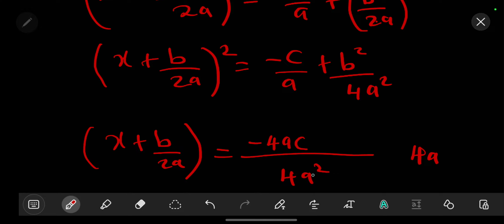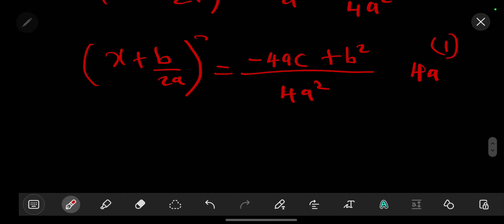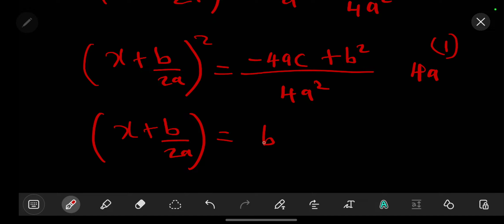Then we have 4a squared divided by 4a squared, that's a 1. 1 times b squared, it will give us plus b squared like that. So from there we can have x plus b over 2a should be equal to, if you look at this, we can just begin with our positive. So we can say b squared minus 4ac, then over 4a squared.